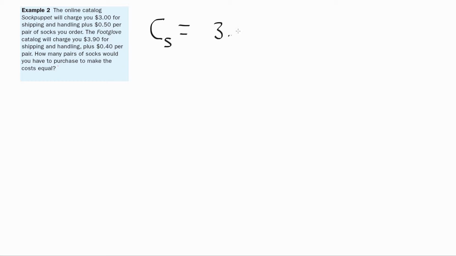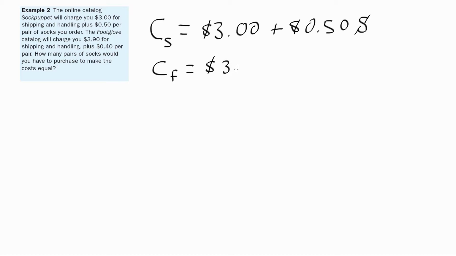It's $3, that's a fixed charge, plus 50 cents for your socks, 50 cents per pair. Okay, and then C sub F is equal to $3.90 plus 40 cents times the number of socks. This is our system of equations.